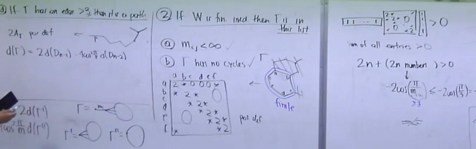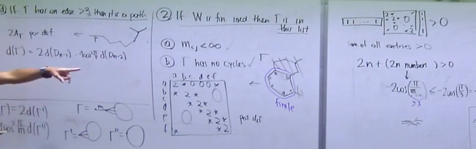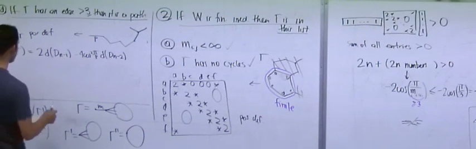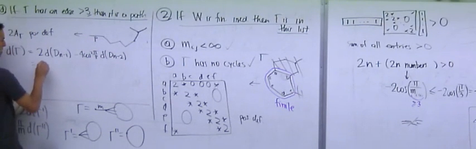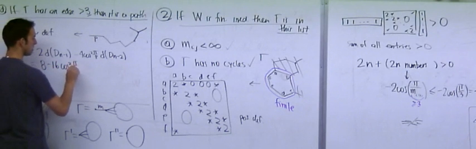Okay. But we know that d n has determinant 4 for any value of n, so this is just 8 minus 16 cosine squared of pi over p.